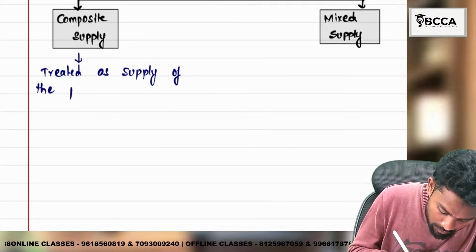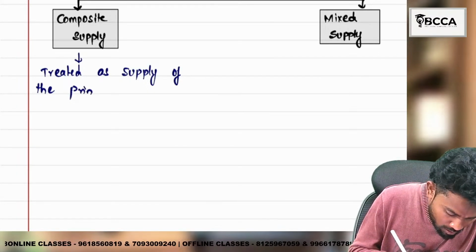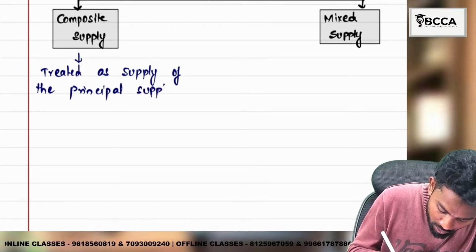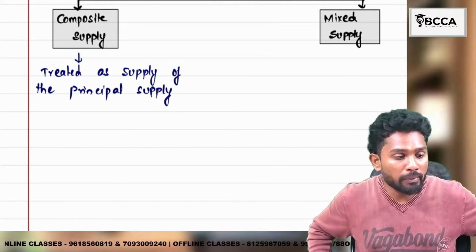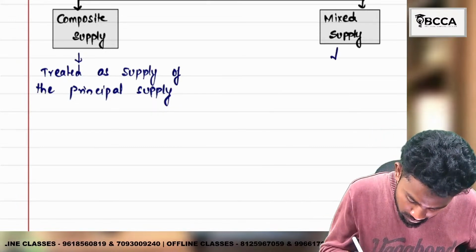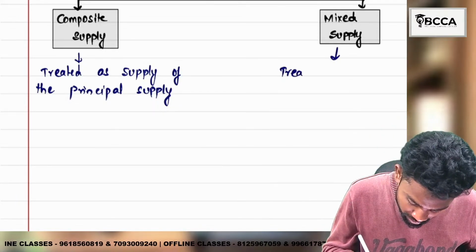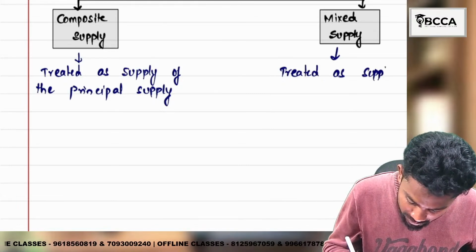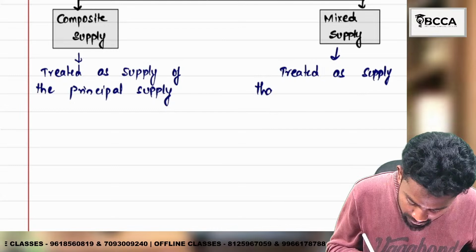Composite supply is treated as a supply of the principal supply. Mixed supply is treated as a supply that attracts the higher tax rate.